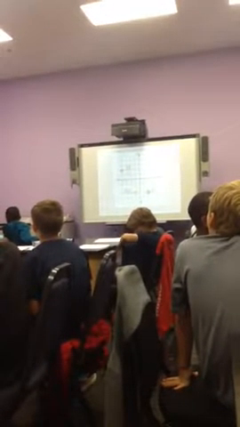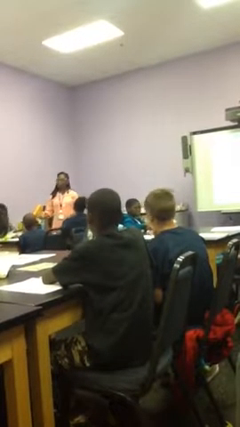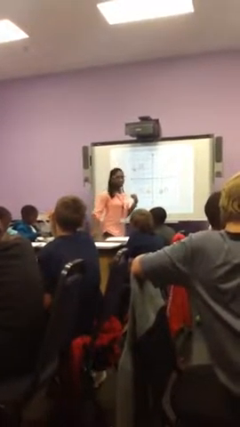When I let you go, this table is going to tell me the ordered pair for the triangle. When I let you go, this table behind you all is going to tell me the ordered pair for the star. This table is going to tell me the ordered pair for the heart.